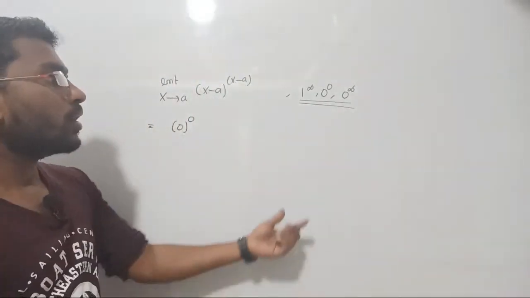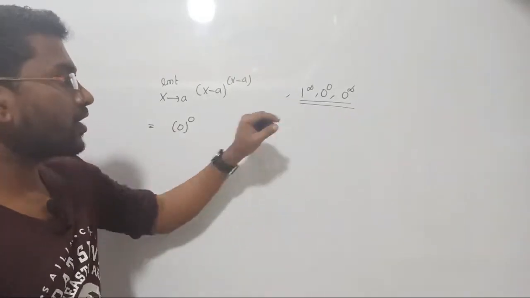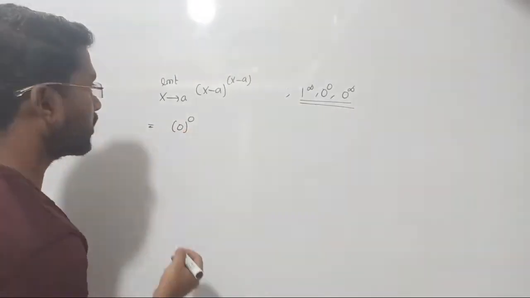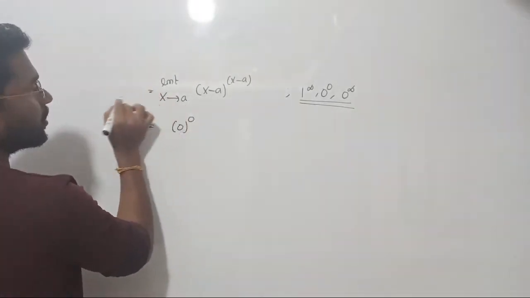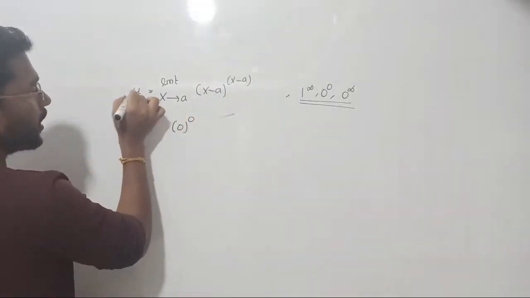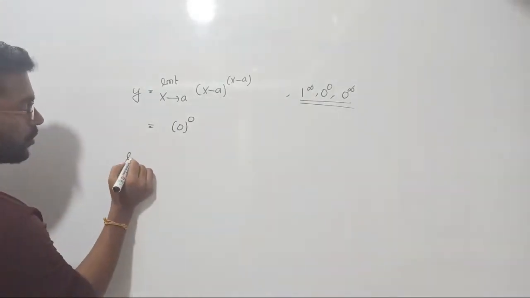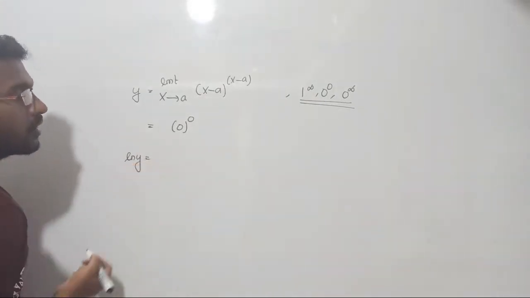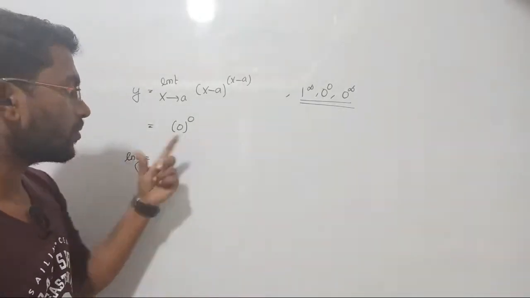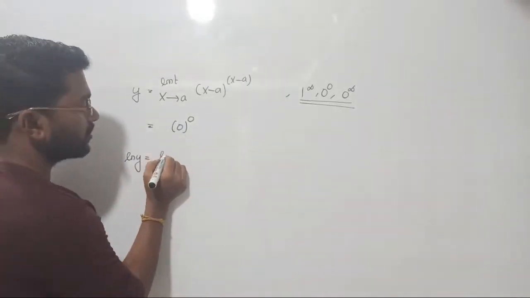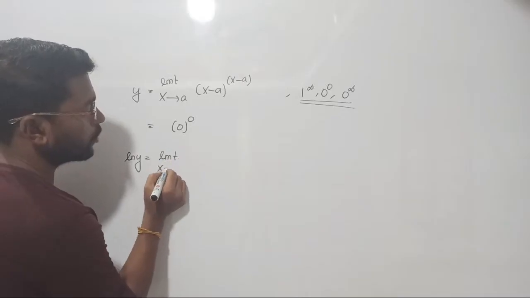Step number 1. When it comes in this kind of format, in order to find the solution for this function, you will have to consider the whole function as y. Taking y, what do you have to do? You have to take ln on both sides. If you find any format like this, we have to take ln such that limit x is approaching a.